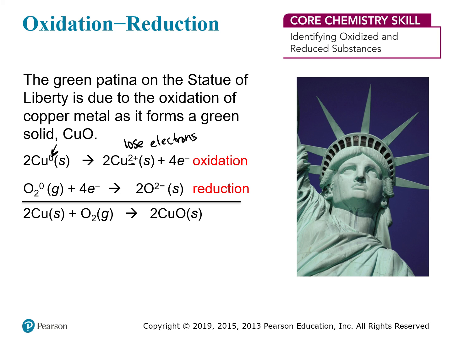So each solid copper atom loses 2 electrons, and it's oxidized. At the same time, we've got oxygen gas, which is also neutral. It's going to gain those 4 electrons that the copper gave up. So the oxygen gas is reduced.